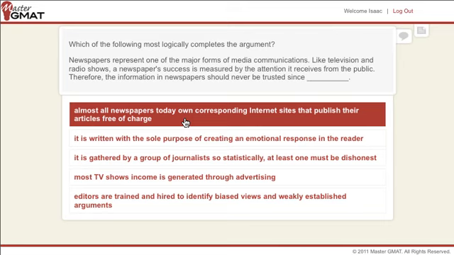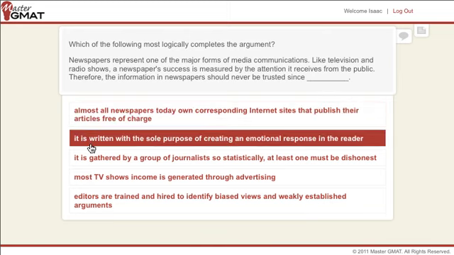So here, the fact that all newspapers today own corresponding internet sites or publish articles free of charge does nothing to the argument. We can't know that they can't be trusted just because of an internet site that they might have, or because the information is free. There's no connection whatsoever made in the argument. So we can get rid of that. B. It is written with the sole purpose of creating an emotional response in the reader.